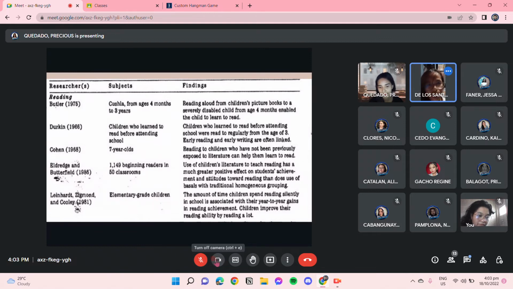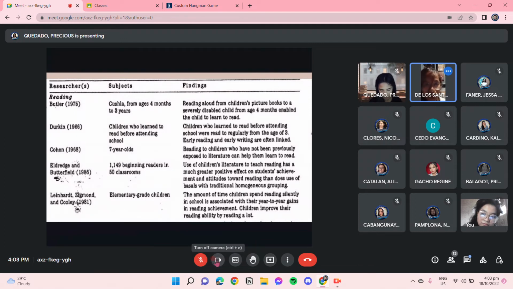So here, as you can see, we have the researchers, the subjects, and their findings. So in Butler, 1975, his subject is from ages 4 months to 3 years old, and the findings here is reading aloud from children's picture books to a severely disabled child from age 4 months enabled the child to learn to read.